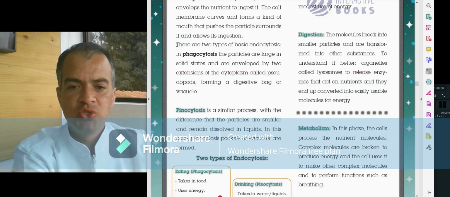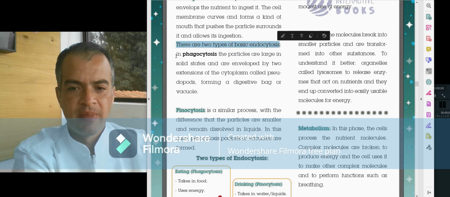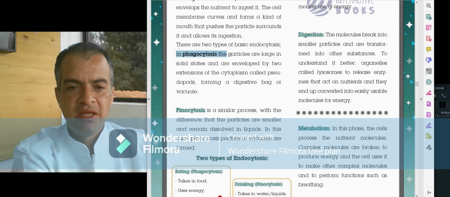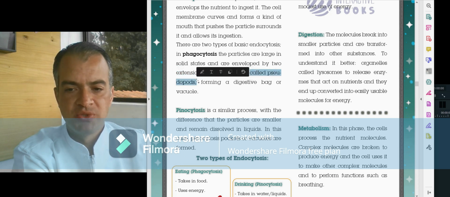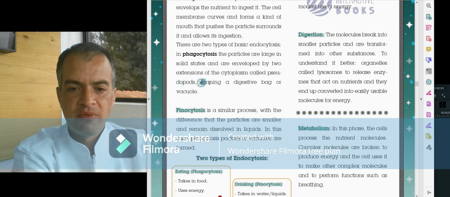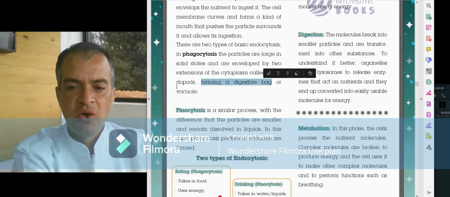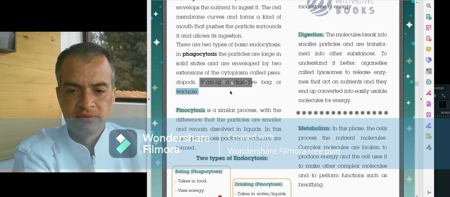There are two types of basic endocytosis. In phagocytosis, the particles are large in solid state and are enveloped by two extensions of the cytoplasm, called pseudopods, forming a digestive bag or vacuole.